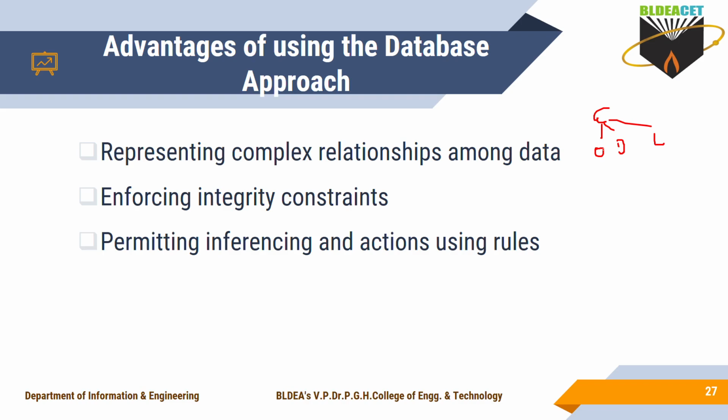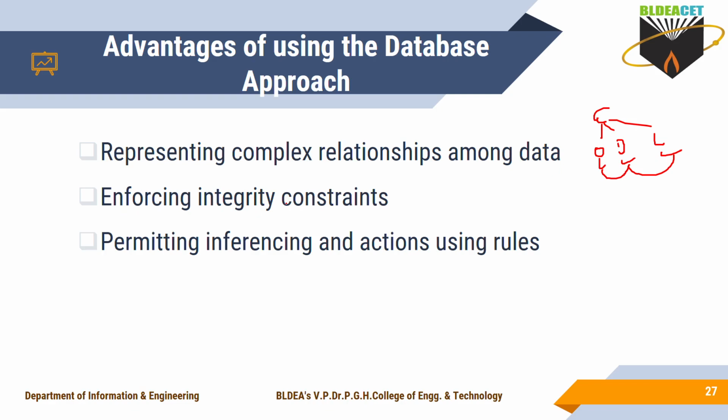So the same record is required in the office, the department and the library. Then you have to represent some relationship between these three databases. Representing complex relationships among the data is also one of the easiest tasks in the database approach.